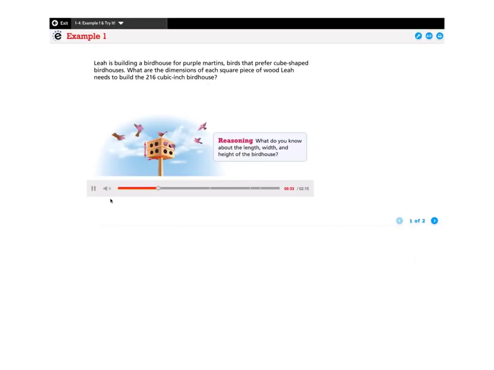Okay, so think about here, what is volume? What does it mean in terms of this birdhouse? Remember, volume is just the amount of space inside a figure. For this one, that means this is the amount of space that's inside the birdhouse. Now, be a good reader. It says she's going to build a cube-shaped birdhouse.